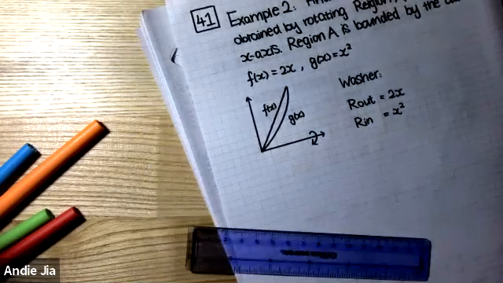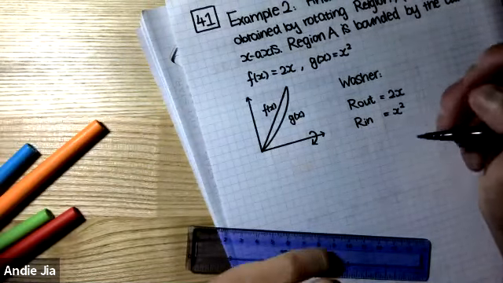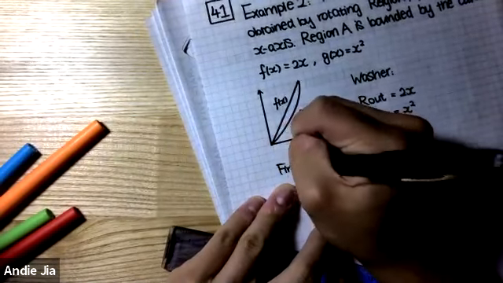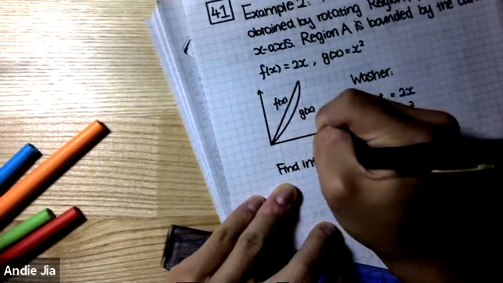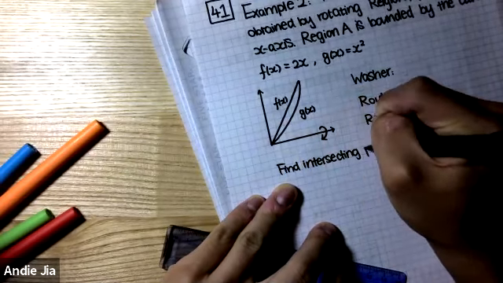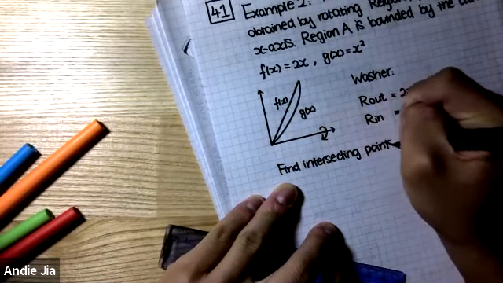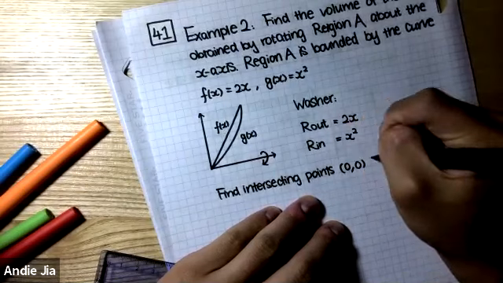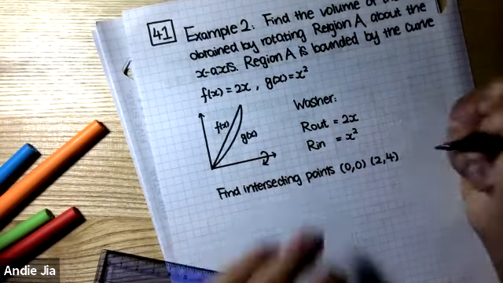And we find the points of intersection: the origin and (2, 4).